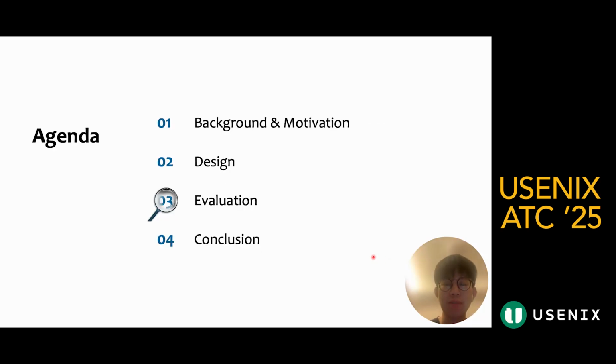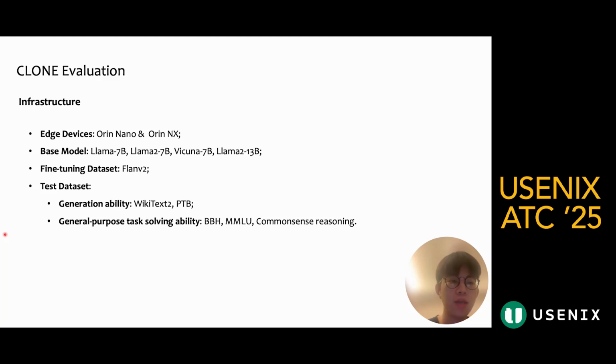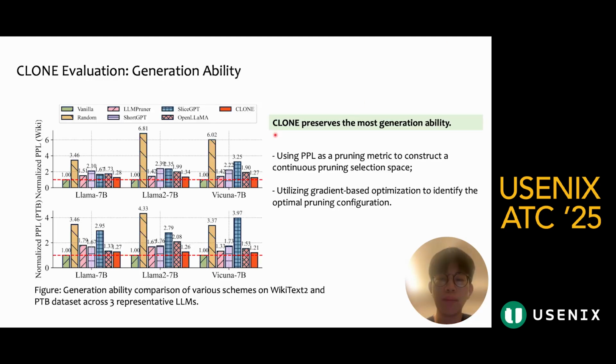Next, we examine the evaluation results on multiple edge devices and benchmarks. Here is the detail of the infrastructure, including edge devices, various base models and representative benchmarks. First, we compare the text generation abilities across several models and different model customization techniques.